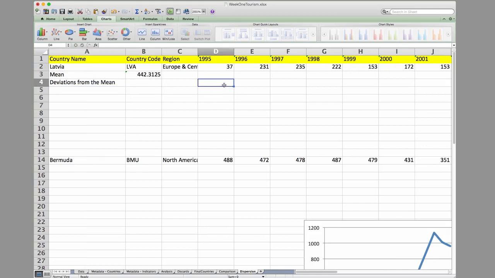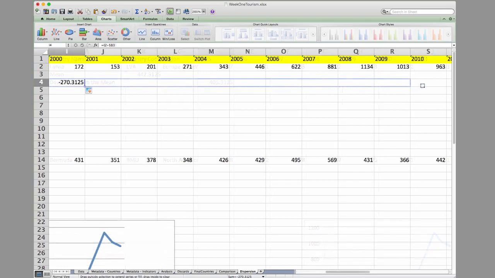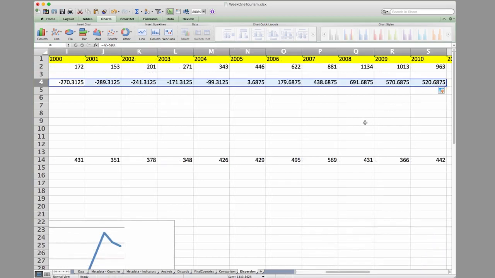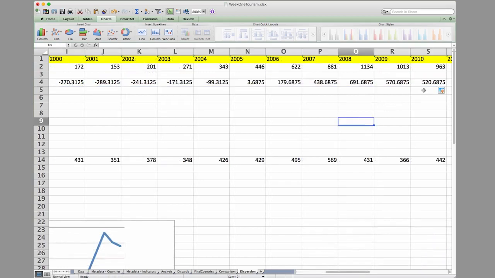I'm just going to say my first entry here is the actual minus the mean, and each time, because I'm always looking up this cell over here, I'm going to put a dollar sign in there, and I notice that it's a negative number. This deviation can be negative. And all of those numbers towards the edge become positive.